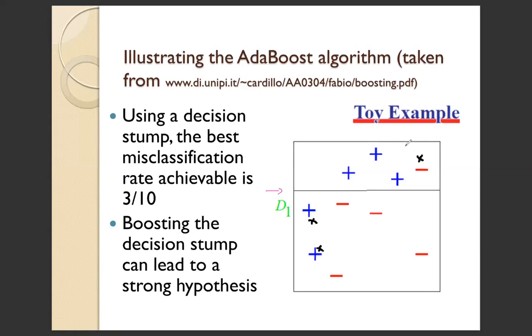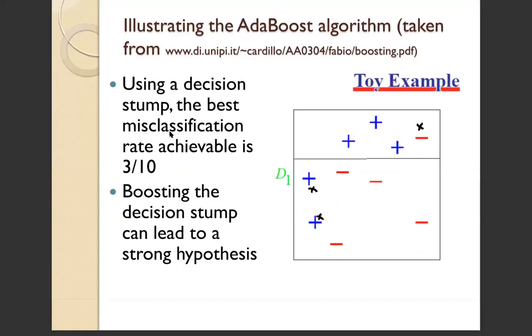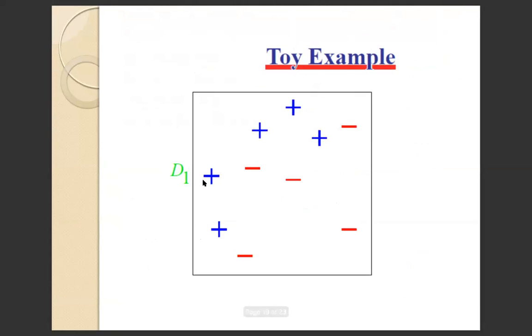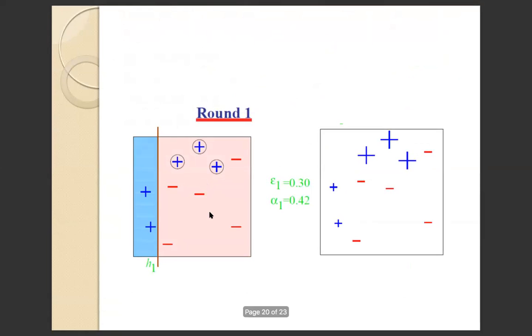Actually, there are other equivalent positions, like another one is putting it here. So you will make 3 mistakes here, right? So that's also equivalent. Let's suppose we start here. All right, so this is our stump, and this is round 1.